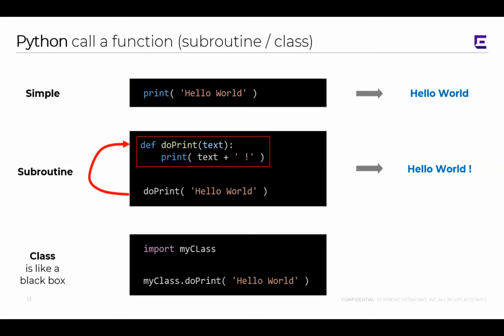In the second line, I reference the class and call a function inside the class called doPrint, handing over data. Again, this relationship exists and the output looks even more funny. That means we have here in front of us a black box. We have an agreement on what this class should do and how it is to be used. It's adding some value, but how it does it is not necessarily exposed.